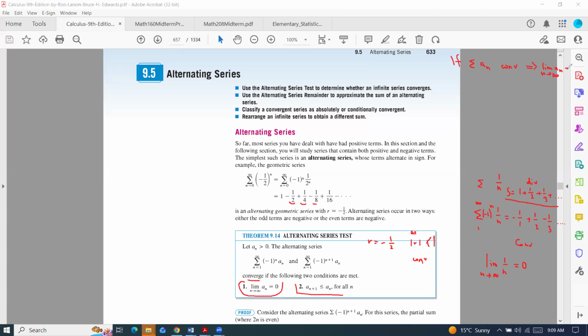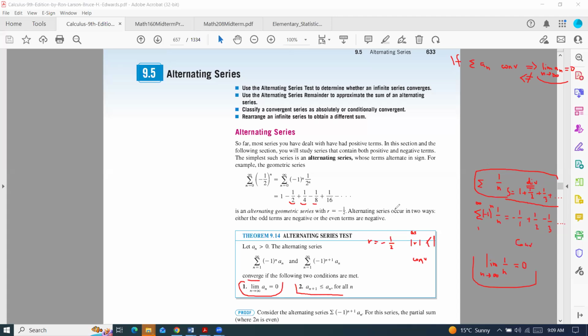It means that if you start with the limit being 0, the series didn't have to be convergent. The counterexample is exactly our harmonic series, and there are tons of other counterexamples. We see that the limit of 1 over n is 0, but it doesn't follow that the series is convergent. In fact, it is divergent, right?